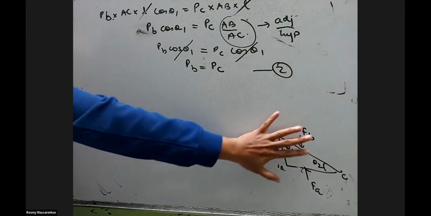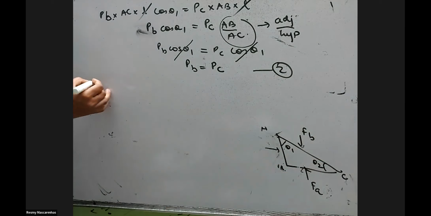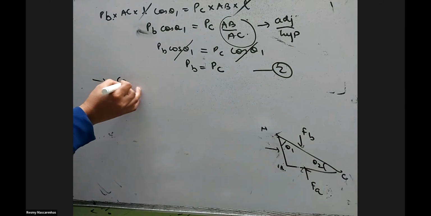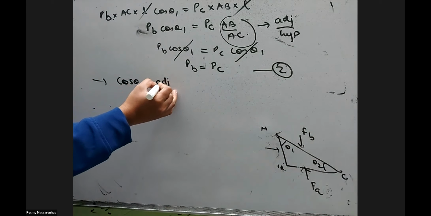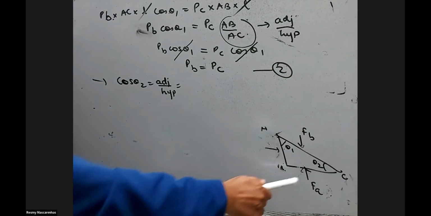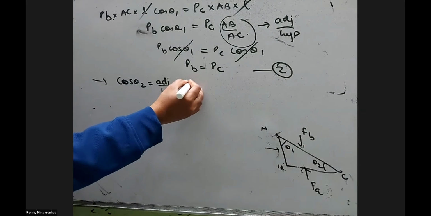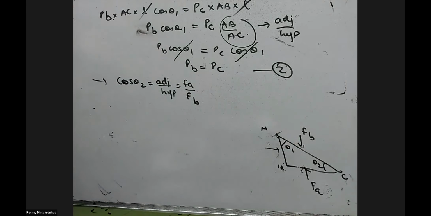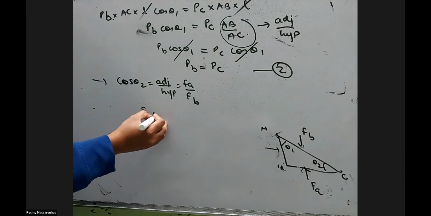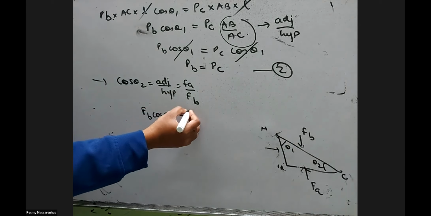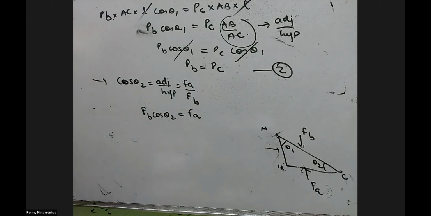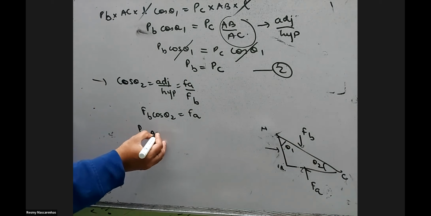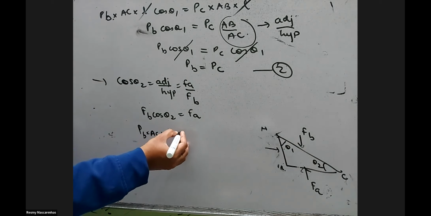Now this part is over. Now we have to start dealing with the next part, that is cos theta 2. We know that cos theta 2 is adjacent again upon hypotenuse. Now which is the adjacent side to theta 2? So that is Fa upon Fb. So Fb will come here. Now substitute. What is the value of Fb? Fb is nothing but Pb AC into L cos theta 2.